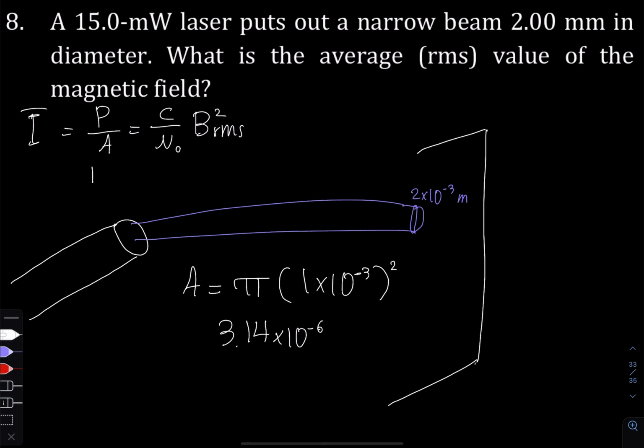So the power here is 15, and again it's milliwatts, so 10 to the negative 3 watts over 3.14 times 10 to the negative 6 equals speed of light times the little magnetic field constant, which is 4 pi times 10 to the negative 7th, and then magnetic field average squared. So if we use your calculator here and solve this.